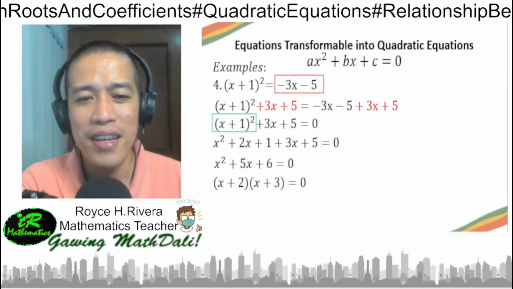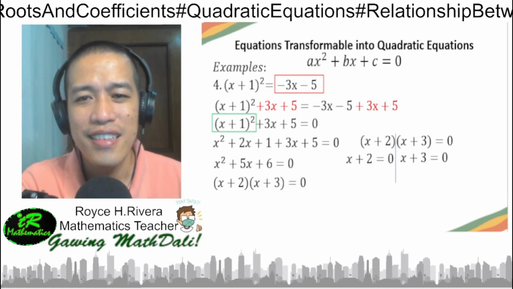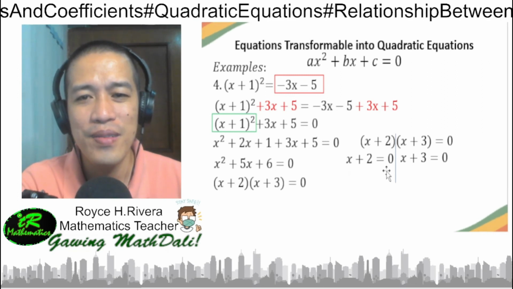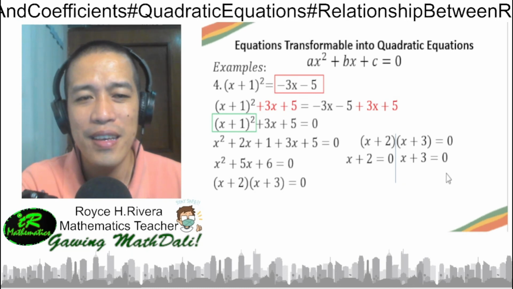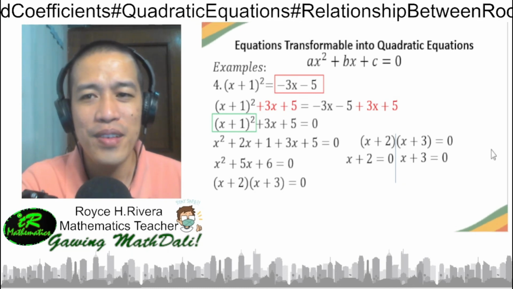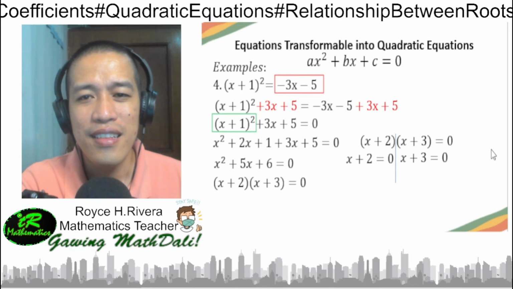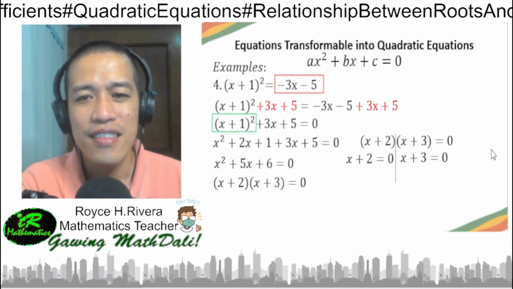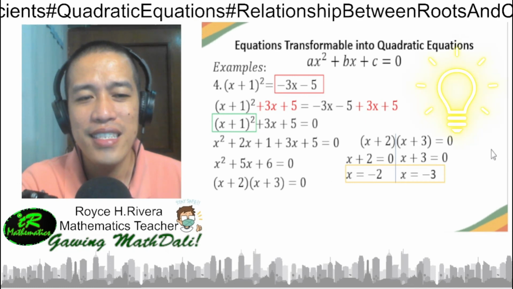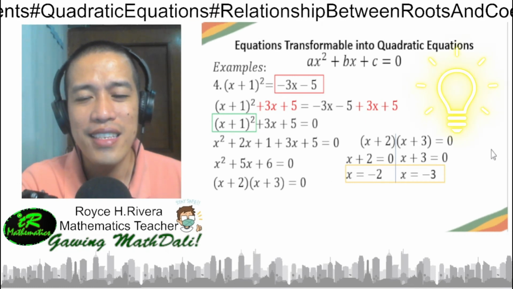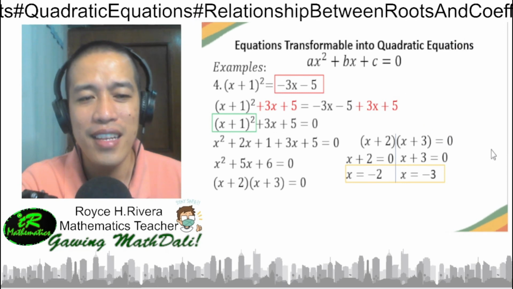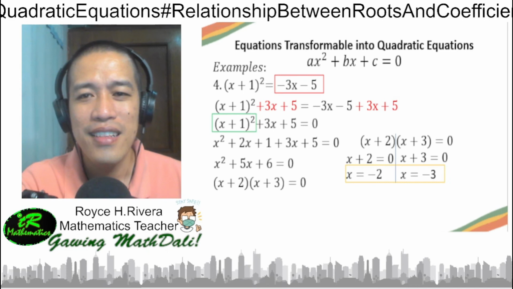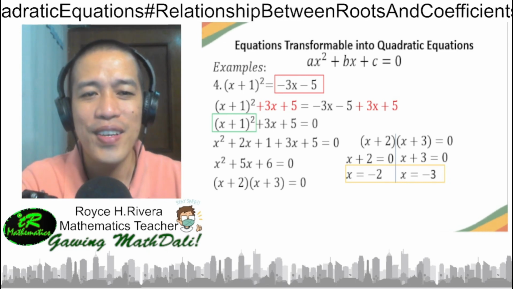By the zero product property, we will have x plus 2 equals 0 and x plus 3 equals 0. Now solving for the value of x, the first value is negative 2 and the second value is negative 3. So we are done solving the roots of the quadratic equation.